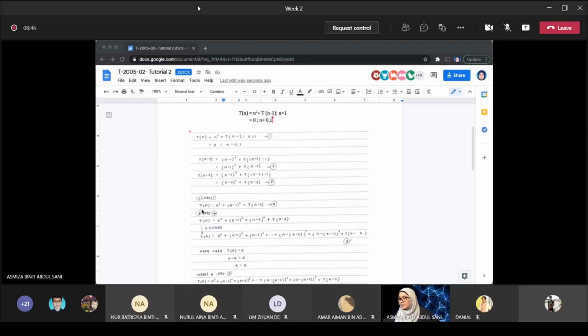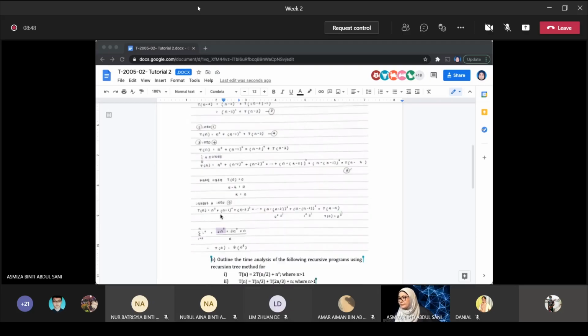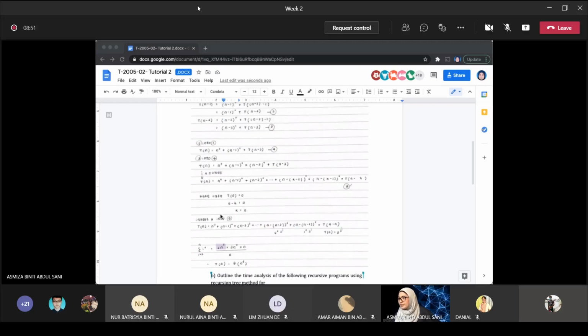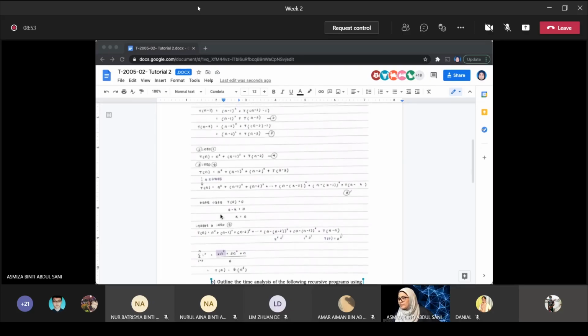So T(n) = n² + (n-1)² + T(n-2). We call it equation number 4. Then we're going to plug 3 into 4, plugging in the T(n-2) here. So we get n² + (n-1)² + (n-2)² + T(n-3).